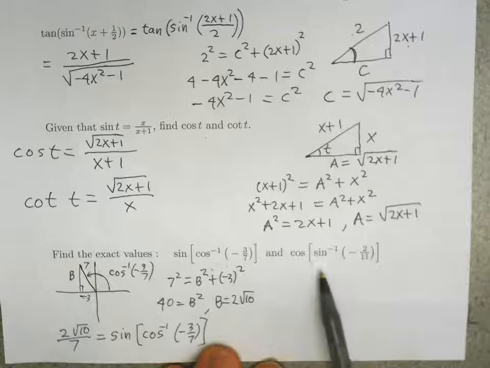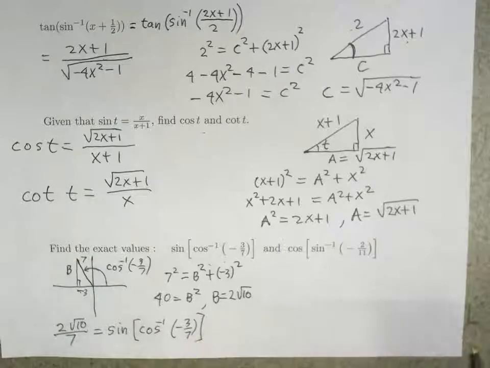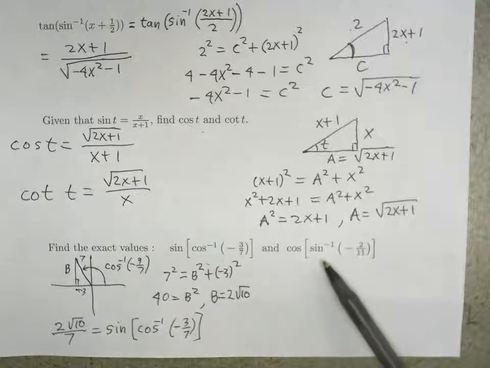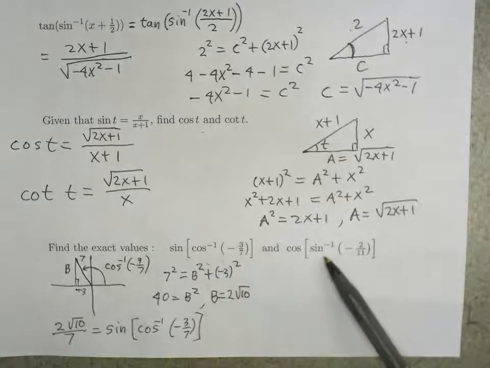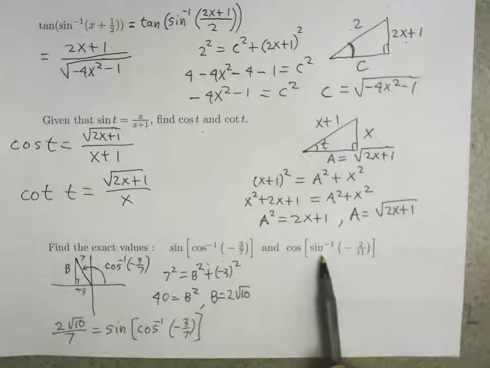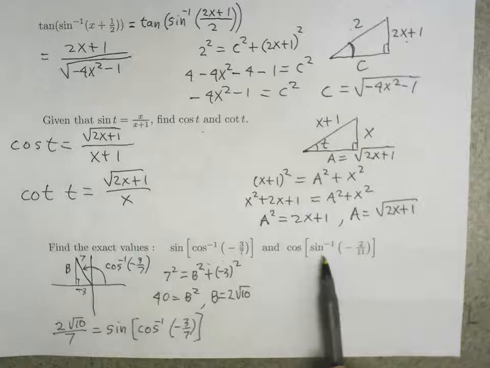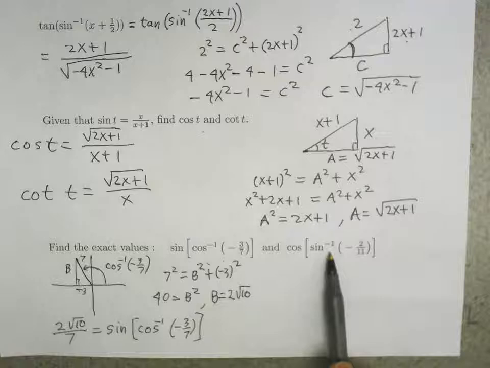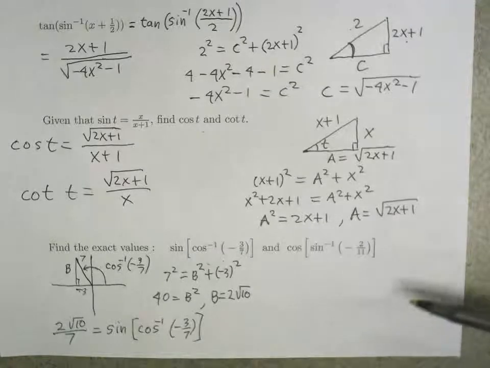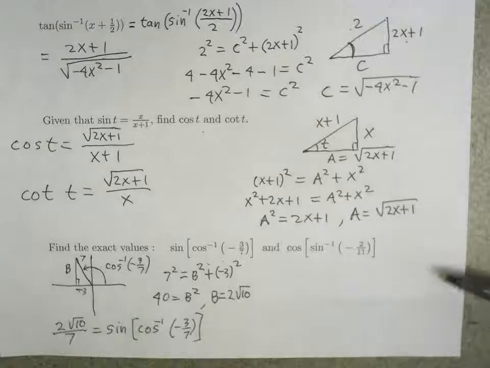Okay, we do the same sort of thing over here. Find the cosine of the inverse sine of negative 2/11. Remember that the range of inverse sine is from negative pi over 2 to pi over 2. But negative pi over 2 to pi over 2, that's the fourth and first quadrant.